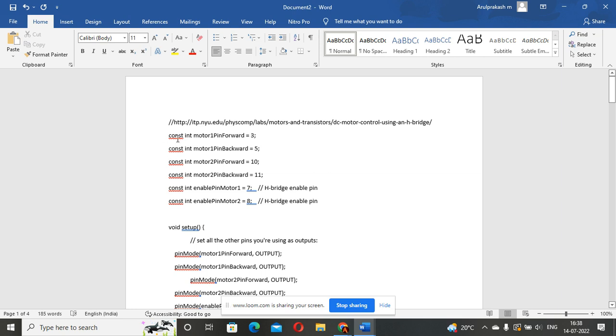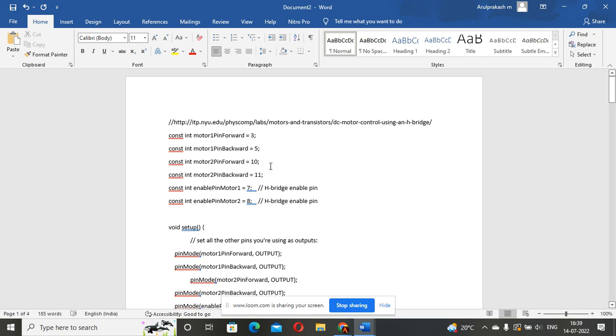First, the constant variables we are declaring. This is the Arduino C program. Constant integer motor 1 pin forward is connected to Arduino pin 3, and constant integer motor 1 pin backward is pin 5. Motor 2 pin forward is 10 and motor 2 pin backward is 11.